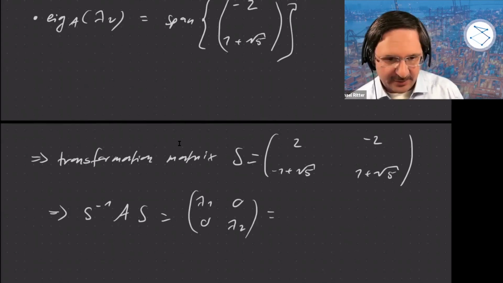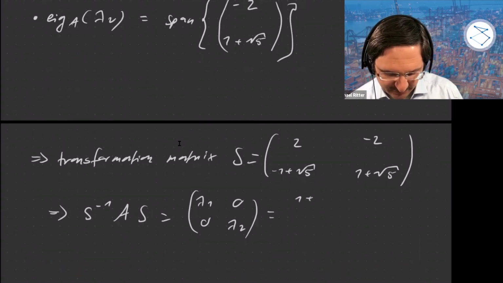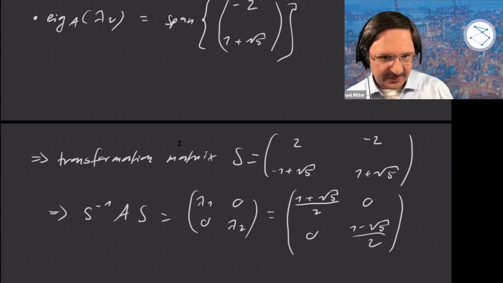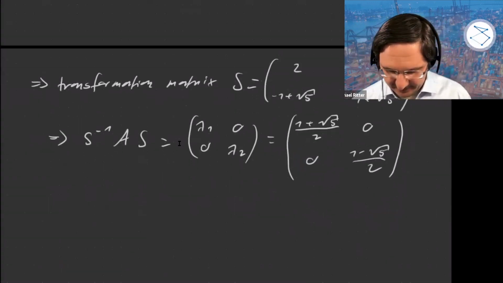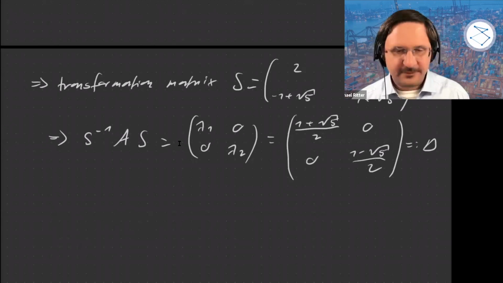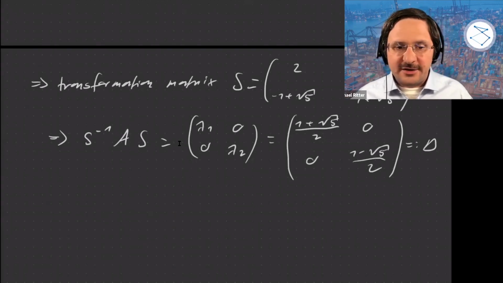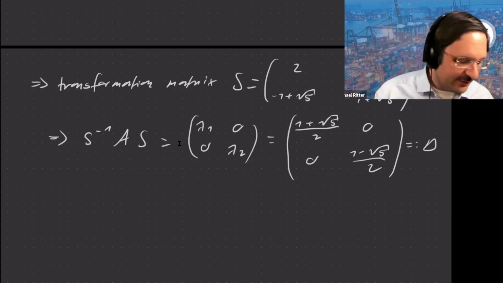Or if I again put in the numbers, that is 1 plus square root of 5 over 2, 0, 0, 1 minus square root of 5 over 2. Like this, right? So let's call this D. That's our diagonal matrix. So A can be diagonalized, and this here is the diagonal matrix.